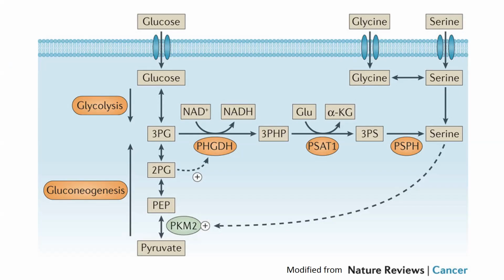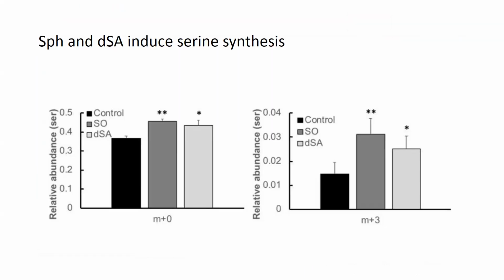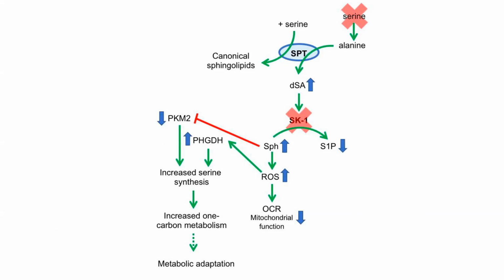And to make a long story short, because my timer just went off, I'm going to show you the final scheme and close. So what we showed is that if serine is not available, cells can use alanine, and they will make this non-canonical toxic sphingolipid called deoxysphingolipid, which leads to proteolysis of sphingosine kinase.